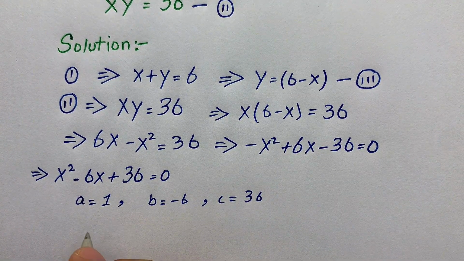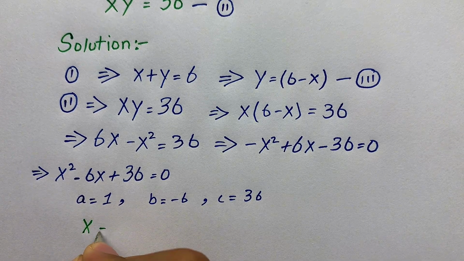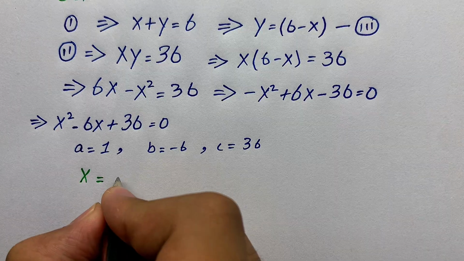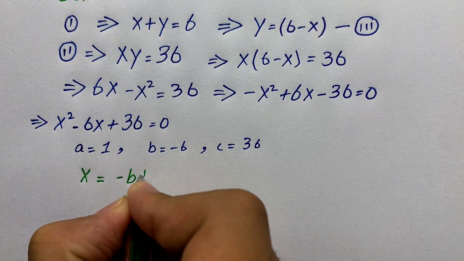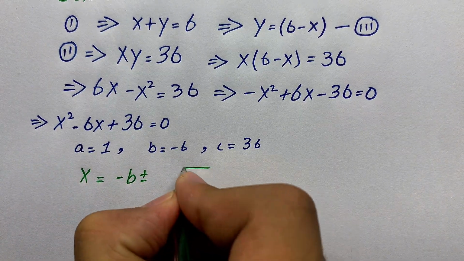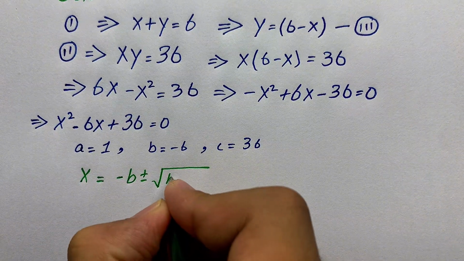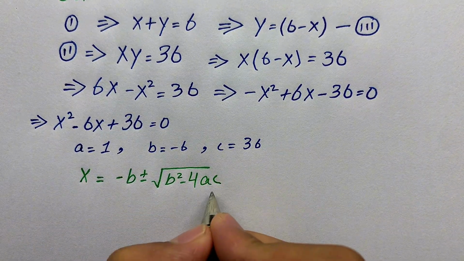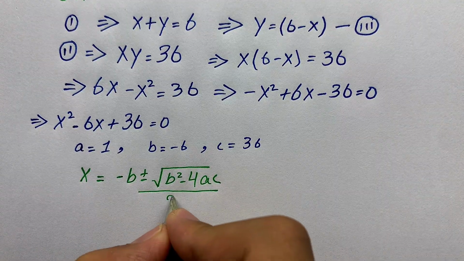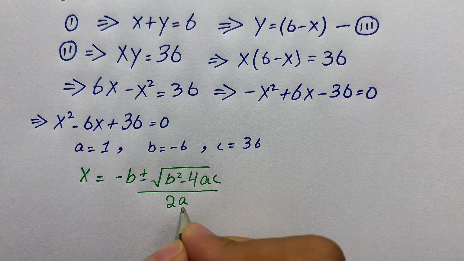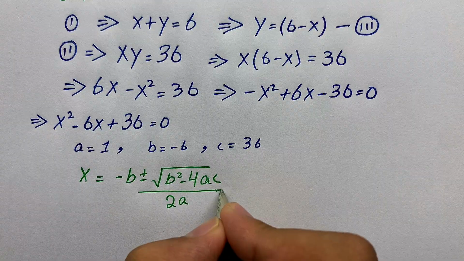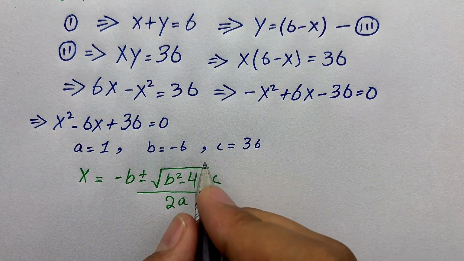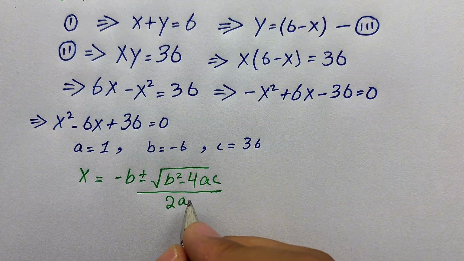Now we are using the formula here. x is equal to minus b plus minus the square root of b square minus 4ac, divided by 2 into a. Now we are putting these values in this equation.